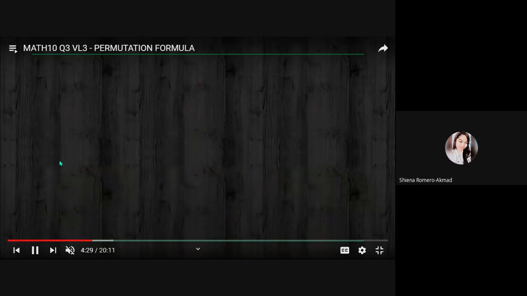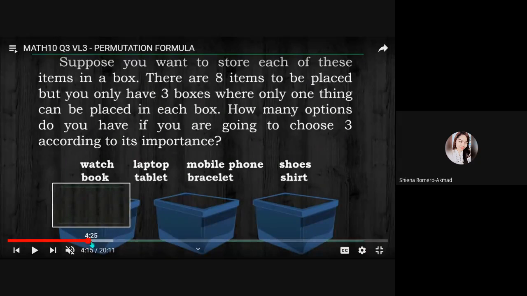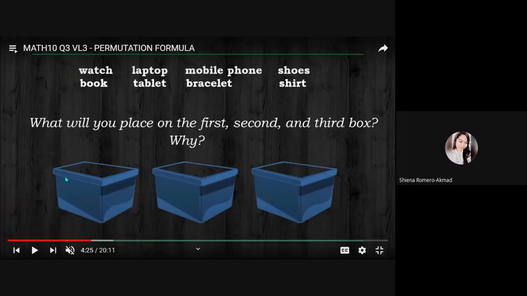And why? So what will be according to its importance? Huh? So if you were to ask, alin kaya dyan yung ilalagay nyo sa first box, sa second, and sa third box? Avendaño. Diyan ba si Avendaño? Pabilang nga po muna ako ilan yung ilan yung babae, ilan yung lalaki.